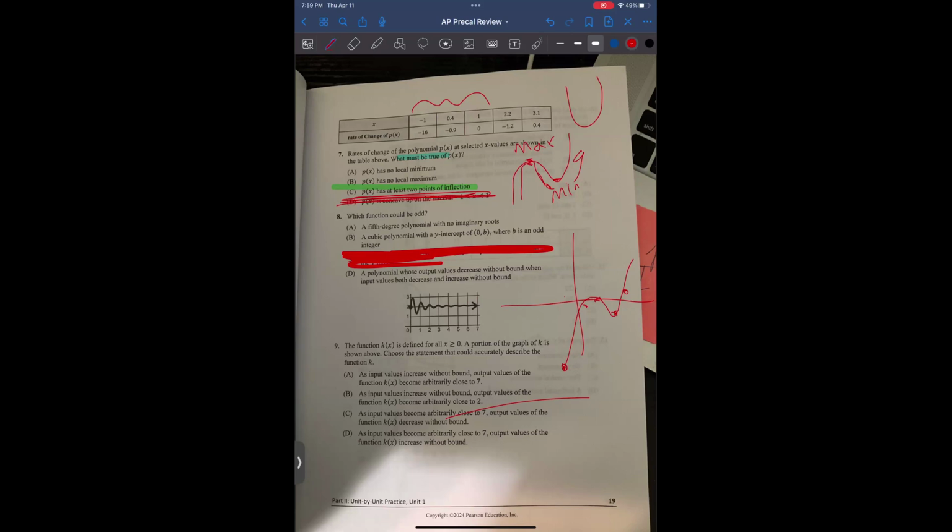Right? Can we agree with that? We get how that would look? Yes. Because the whole point is that it has to go through the origin. Otherwise, you don't get the symmetry. So B is another one.